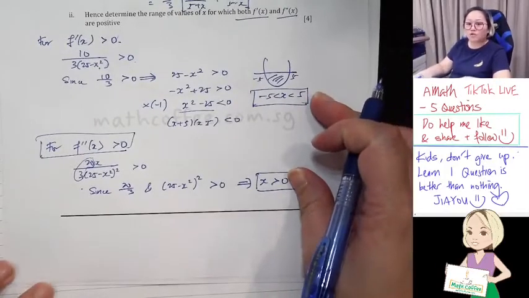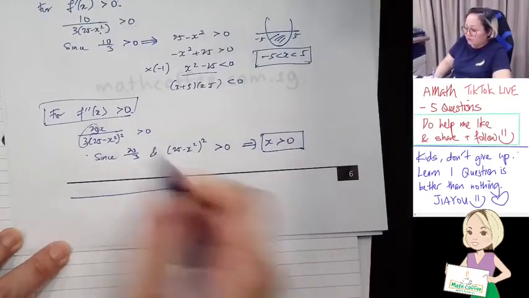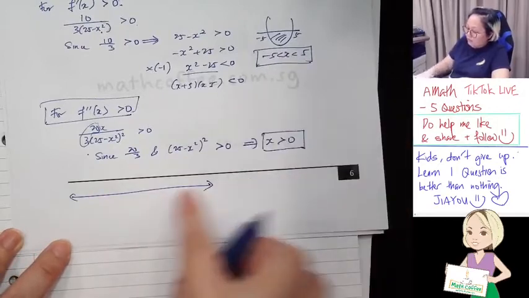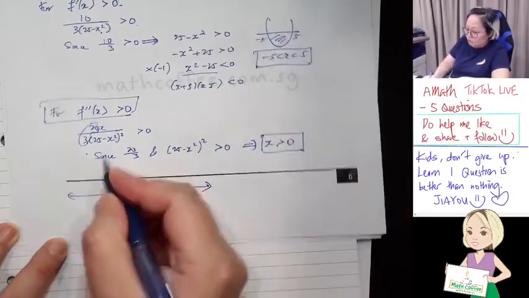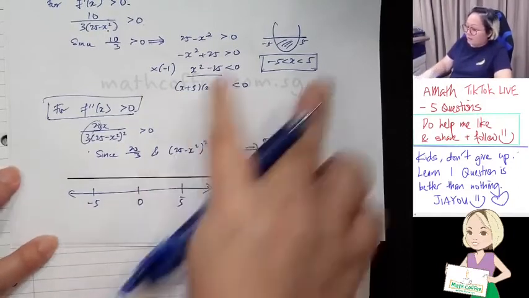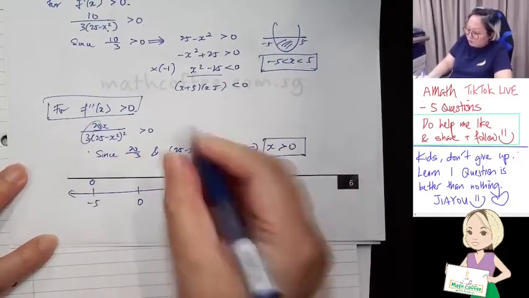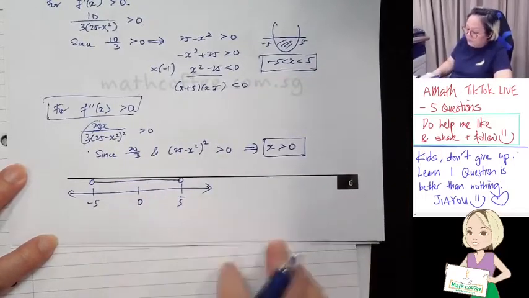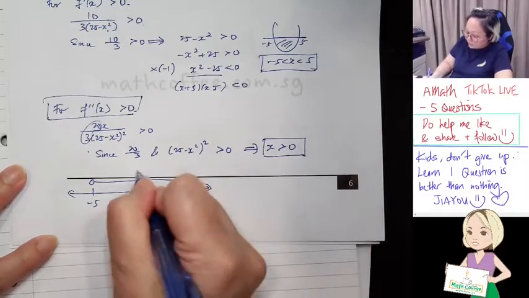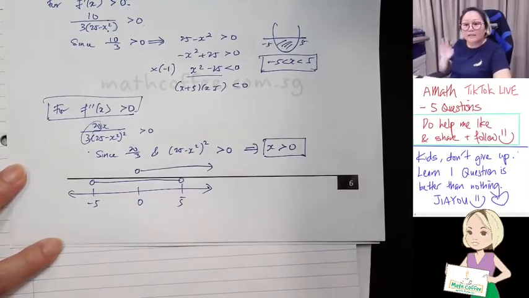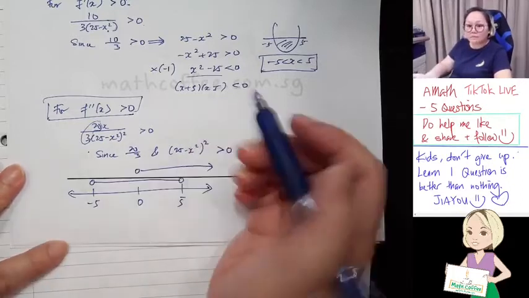So kids, you will draw the inequality, draw the number line. I will write out the three numbers, minus 5, 0, and 5. Minus 5 to 5, there's no equal, that means it's unshaded. X more than 0, I will draw it upstairs, all the way in this direction. And then you find the common region.